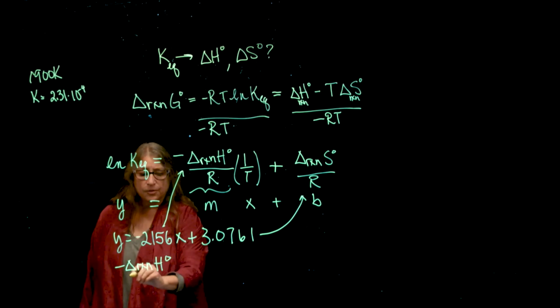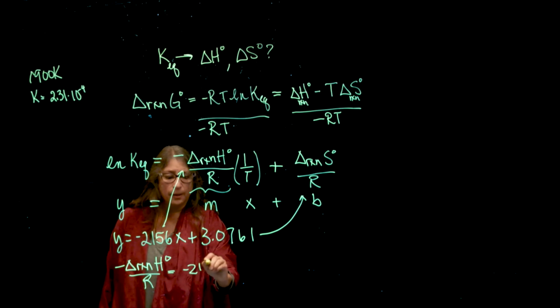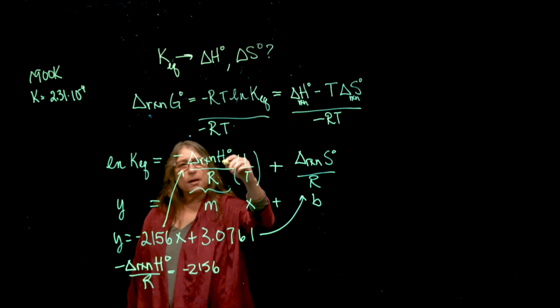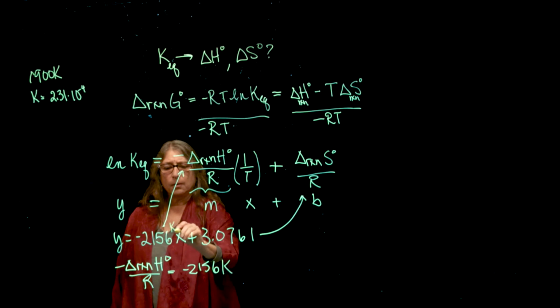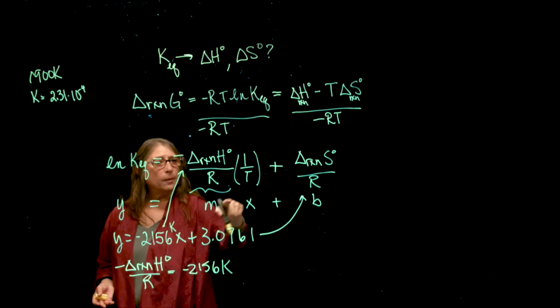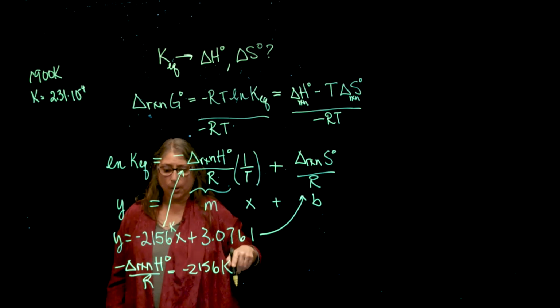divided by R is equal to negative 2156. And actually the units on this are Kelvin, because I'm dividing by 1 over Kelvin because it's Kelvin down here and it's the rise over the run.